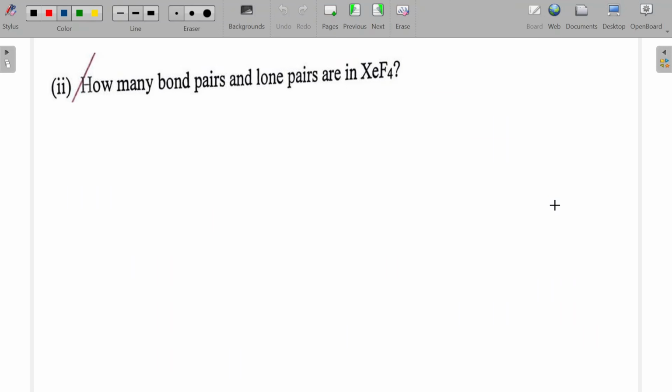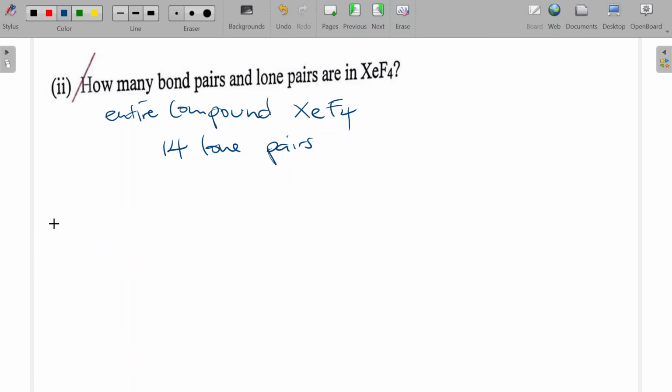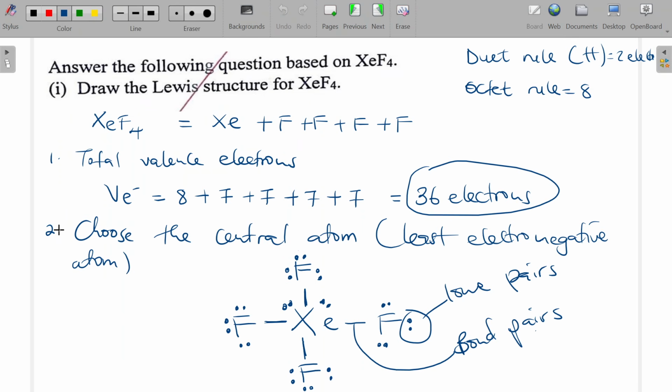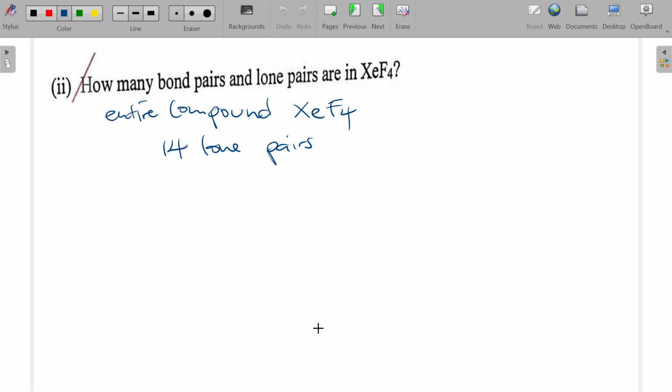So for the entire compound, which is XeF4, they are 14 lone pairs. After the 14 lone pairs, we also have the bonding pairs, which are 1, 2, 3, 4. So they are 4 bonding pairs.